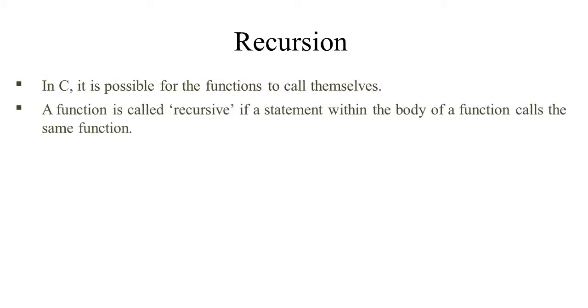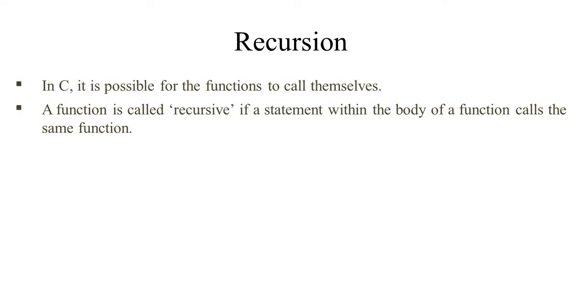A function is called recursive if a statement within the body of the function calls the same function. Whenever we define a function, we define a function prototype, there is somewhere a statement that is calling that particular function, and there is one portion where we have defined our function, that is called the function body.